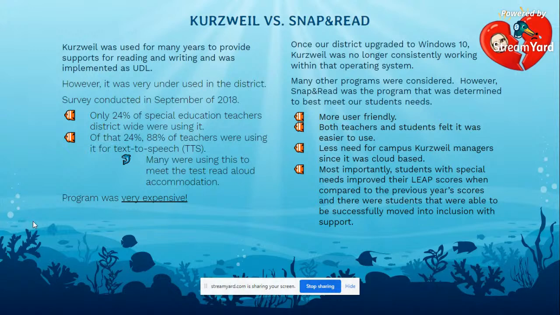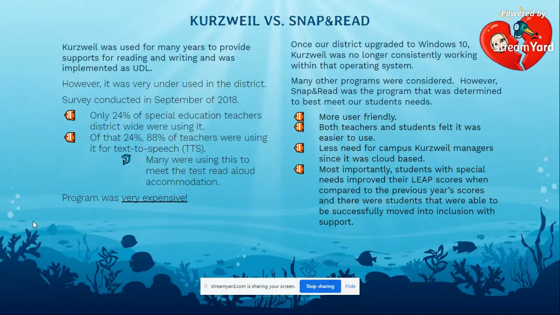So in September of 2018, we did a survey to look and see who was using it and how they were using it. Part of that problem was because we had upgraded to Windows 10. And when we upgraded across the parish to Windows 10, Kurzweil was no longer performing consistently. Some schools had their K drive, other schools did not.